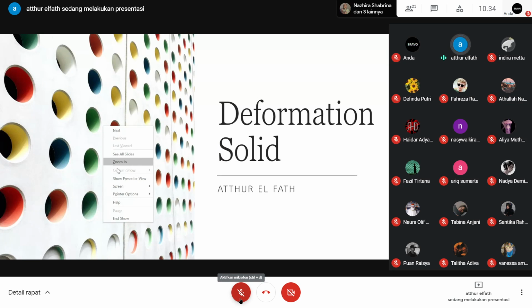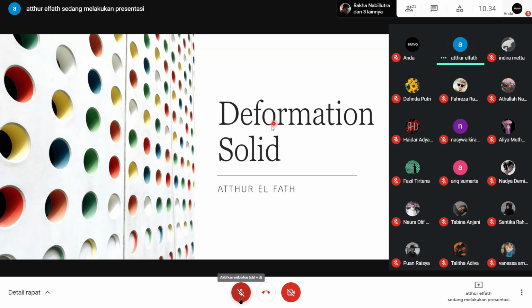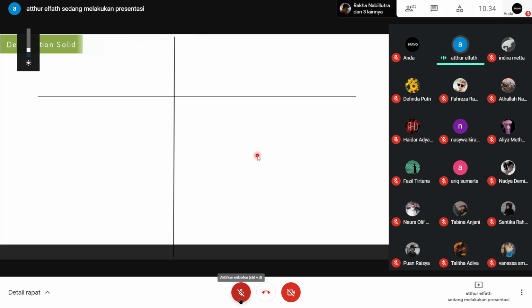Okay, let's continue our discussion about deformation of solids. Okay, this is the next slide, deformation of solids, and this is the characteristic of a solid body.